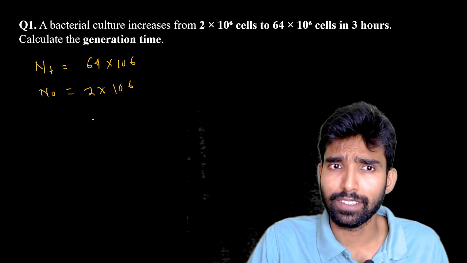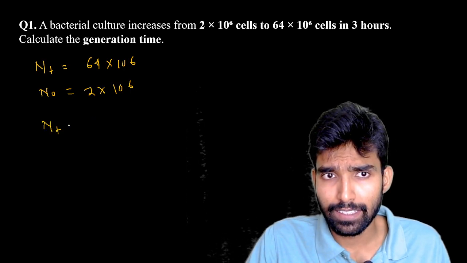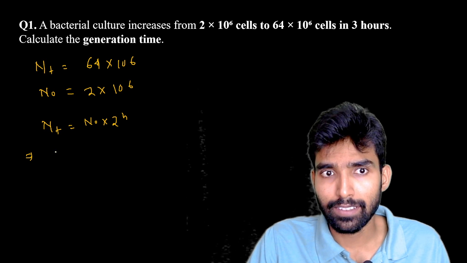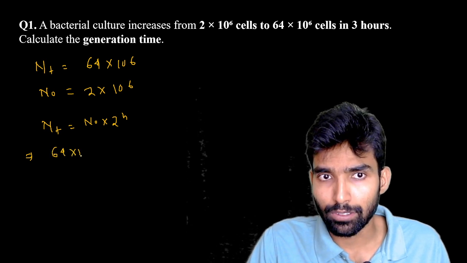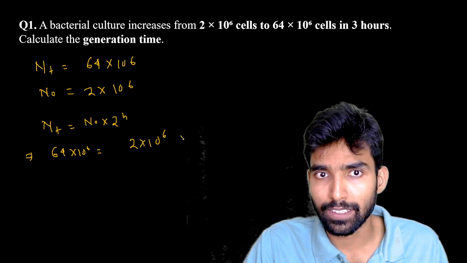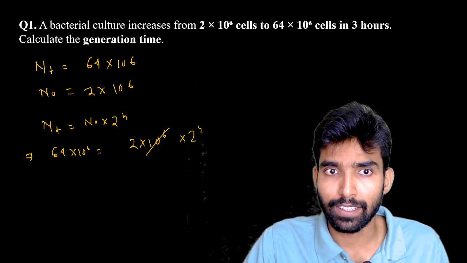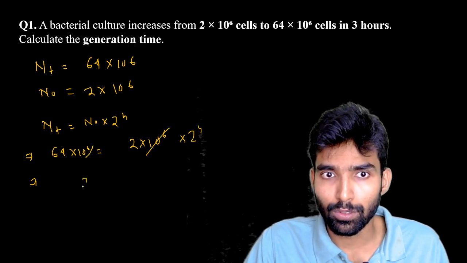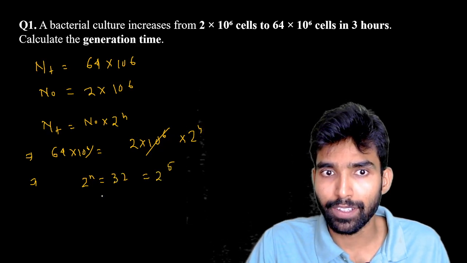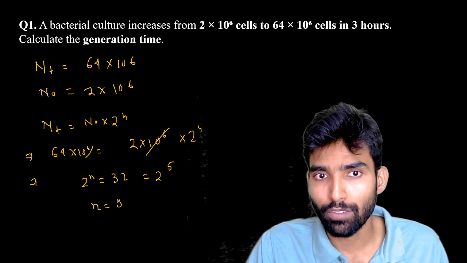Then Nt equals N0 into 2 to the power n. That means 64 into 10 to the power 6 equals 2 into 10 to the power 6 into 2 to the power n. Now if you do this, 2 to the power n equals 32 equals 2 to the power 5. That means n equals 5.